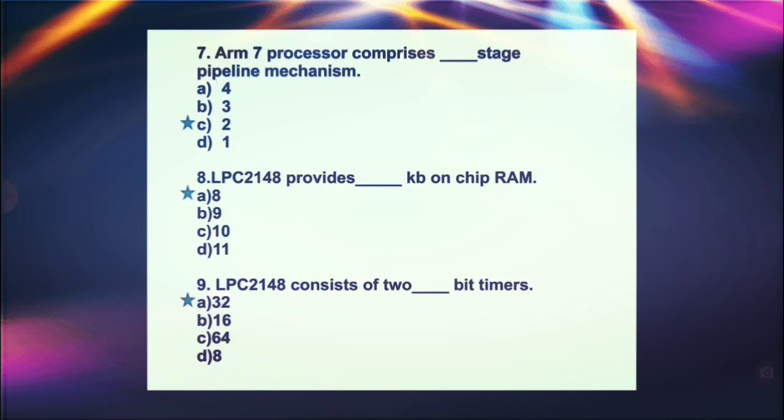Options are 8, 9, 10, 11. The correct option is 8. LPC 2148 consists of two dash-bit timers. Options are 32, 16, 64, 8. The correct answer is 32-bit timers.